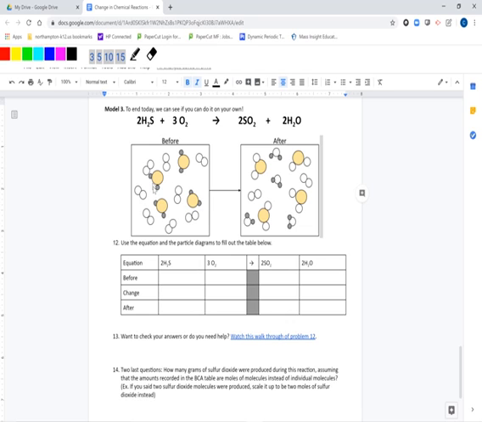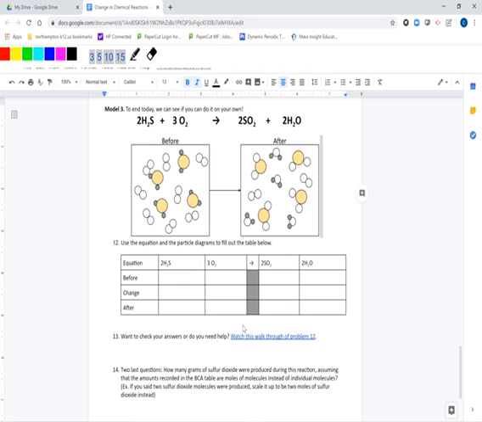We have in the boxes in the model here the molecules that are reacting beforehand and the molecules after the reaction has occurred. Let's go ahead and start filling in the BCA box here. Right away, I know 2 numbers that we can fill in, which is the product side in the before boxes.